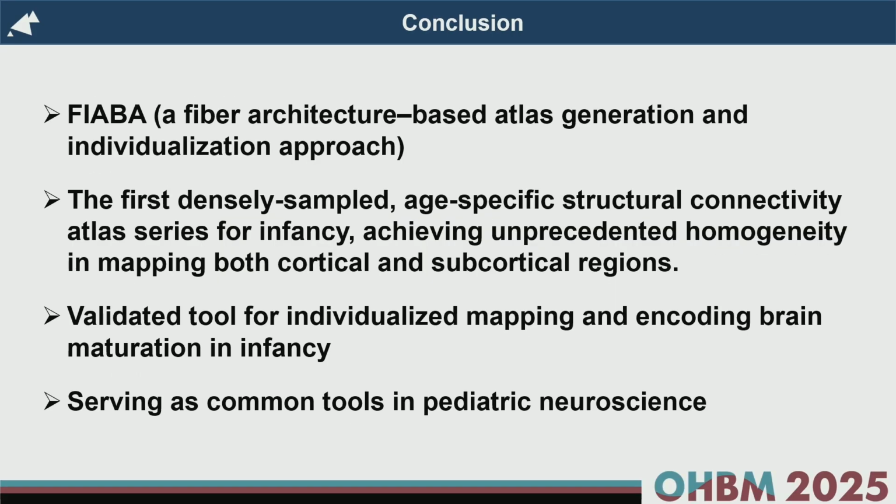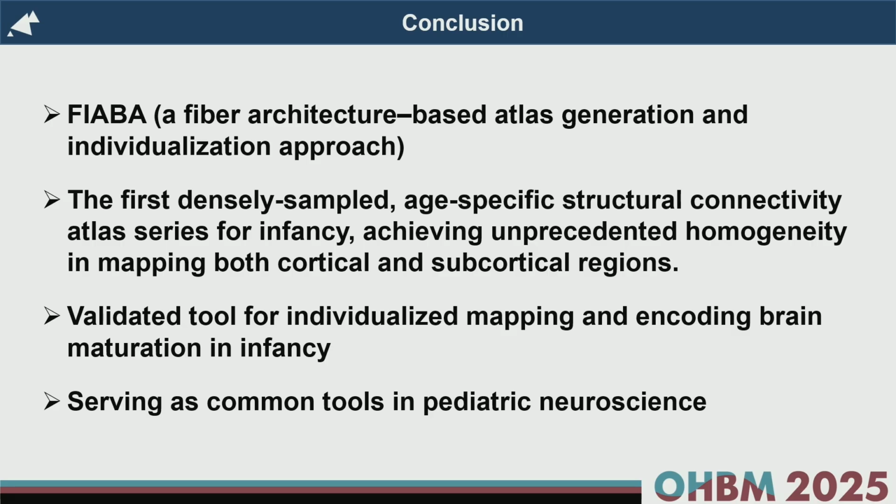In summary, we proposed FIBER and generated the first densely sampled age-specific structural connectivity atlas series for infancy. It has been validated as a tool for individualized mapping and can encode brain maturation during development.